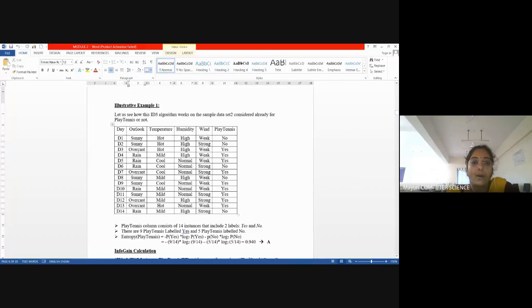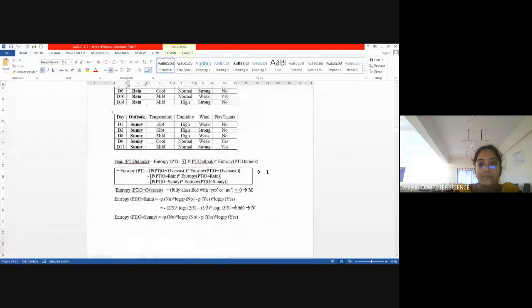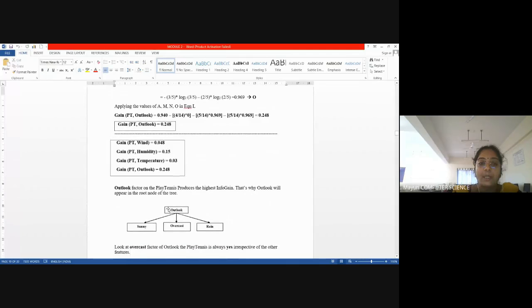If you see all the overcast, you see yes. One more overcast, that is also yes. Overcast yes, overcast yes. So the moment you see, outlook becomes the root node. So its respective values will come into the branches. Out of that, sunny is also not fully classified.